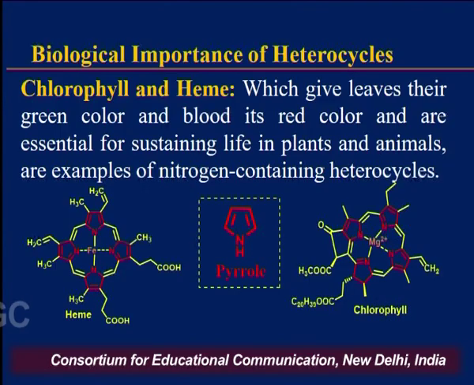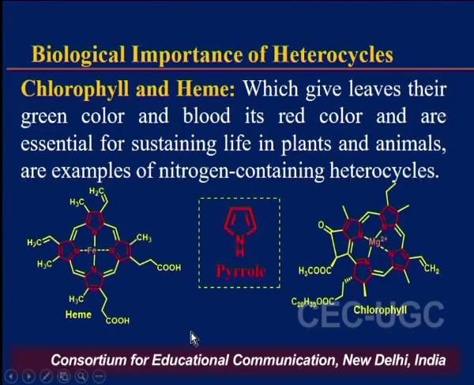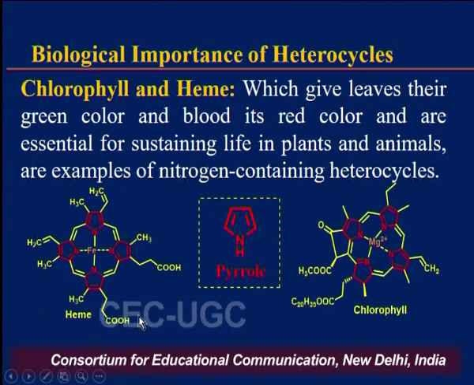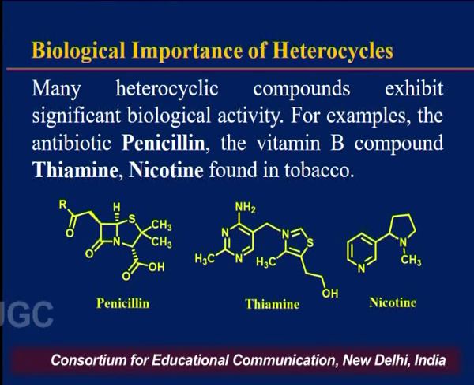These compounds are examples of nitrogen containing heterocyclic compounds, because in their core structure pyrrole is the unit. So we can say that chlorophyll and heme are also examples of heterocyclic compounds. Further, the role of heterocyclic compounds can be seen in the medical field as well.